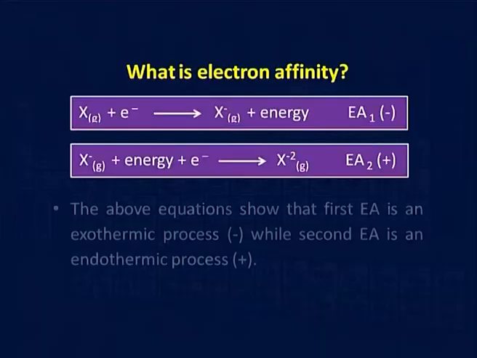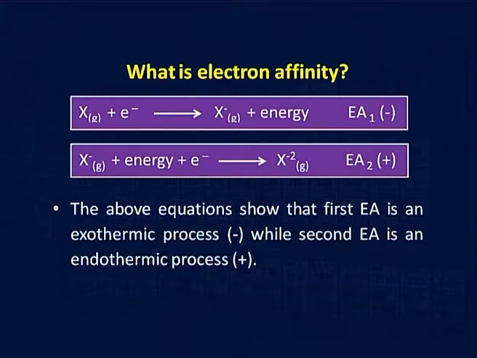So, this equation shows that the first electron affinity is an exothermic process, shown with a negative sign, where energy is released, while the second electron affinity is an endothermic process, where energy is absorbed.